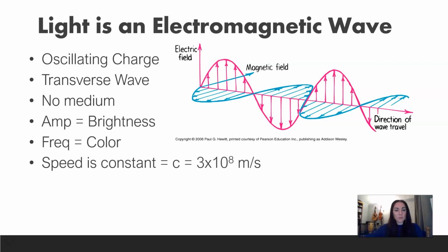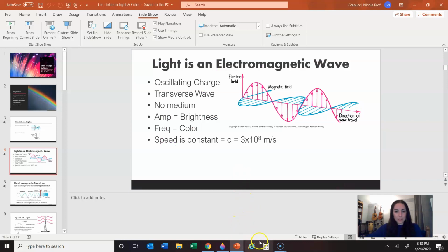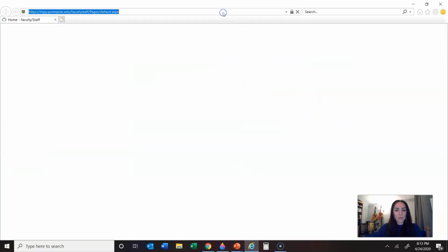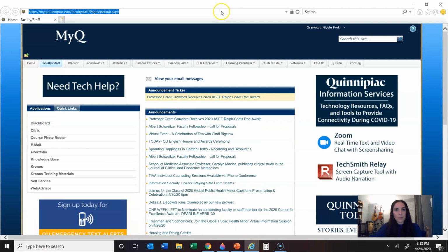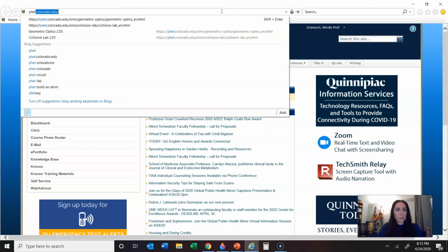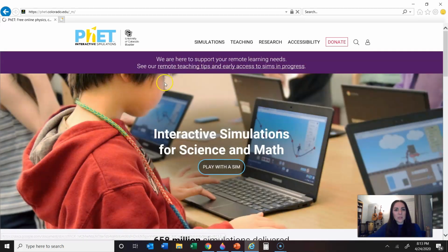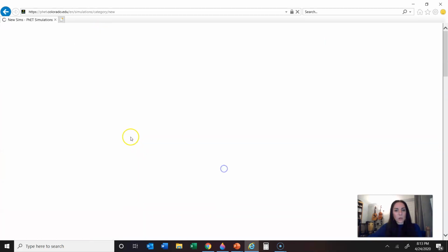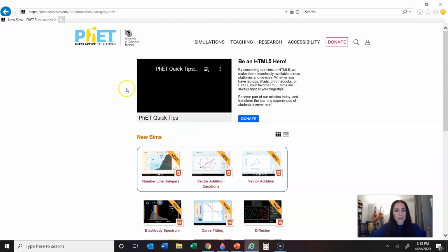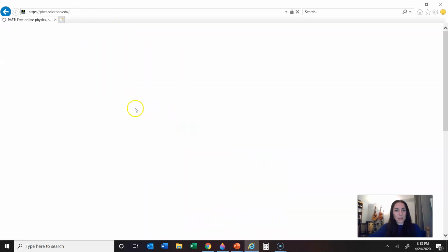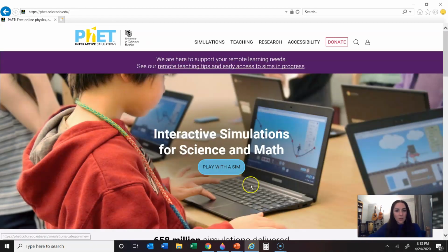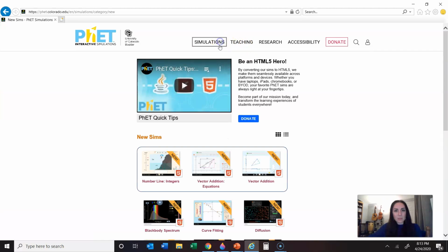In fact, if you just spare me a quick second, let me open up something here. I'm going to open up my good old PhET program. I like this because I think it really shows what light is in this kind of way. So let me go ahead and get that simulation.